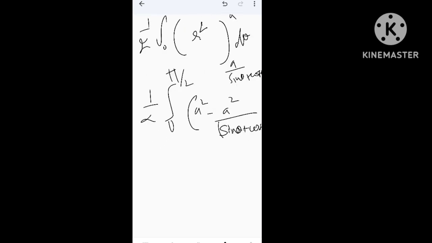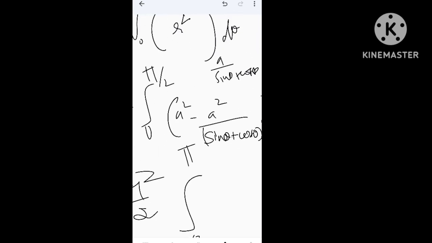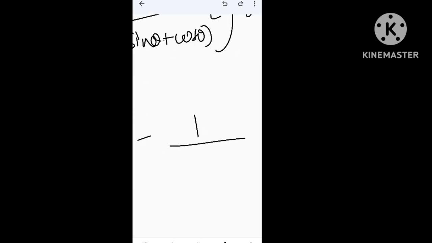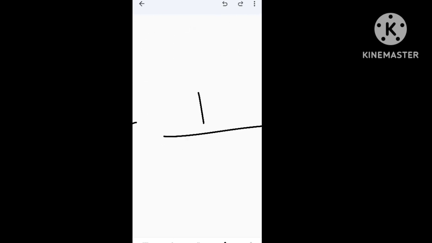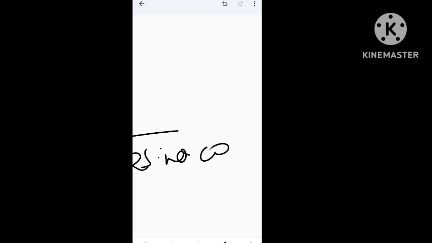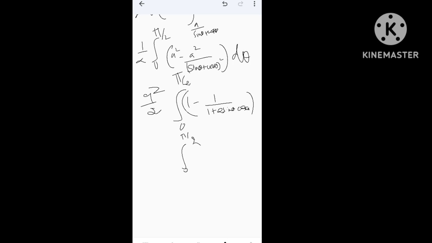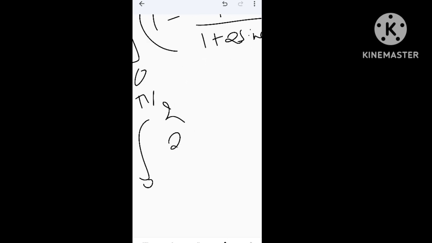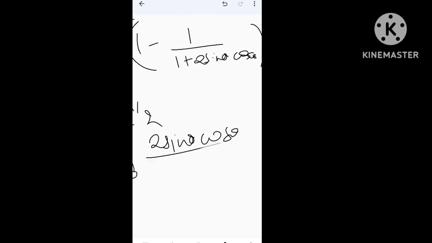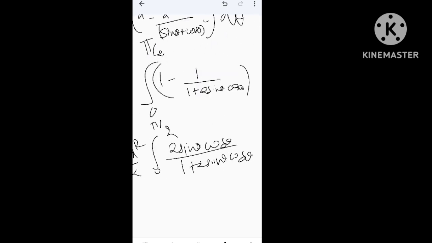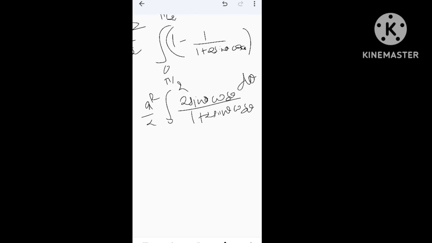Bringing a squared over 2 outside, we get the integral from 0 to pi over 2 of 1 minus 1 over sine squared plus cos squared plus 2 sine theta cos theta, which is 1 minus 1 over 1 plus 2 sine theta cos theta, which simplifies to 2 sine theta cos theta over 1 plus 2 sine theta cos theta, with a squared over 2 outside and d theta. So how to proceed further?